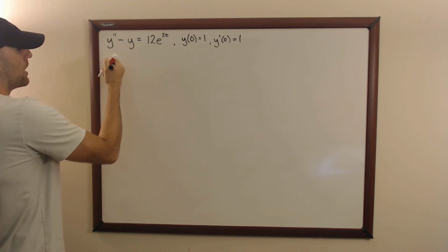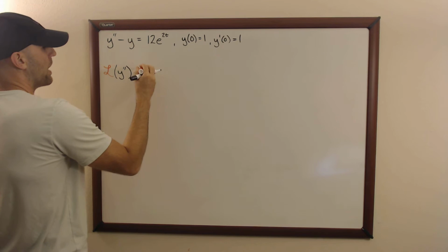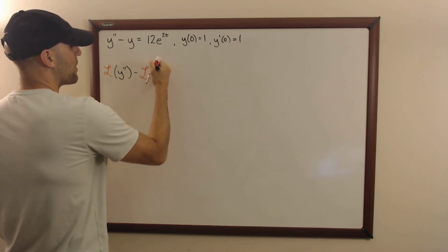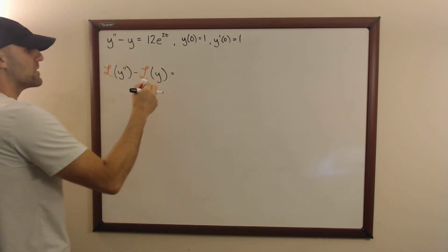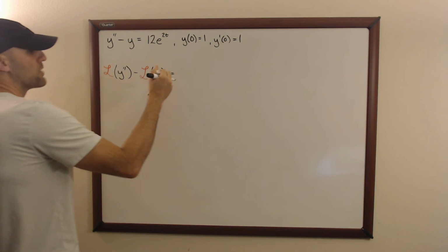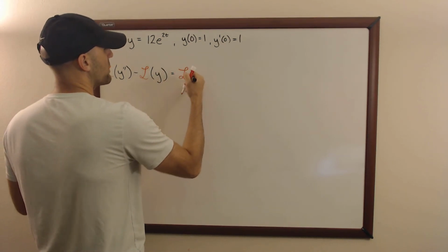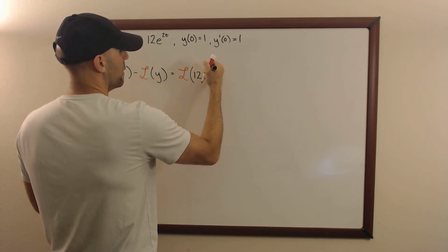So I've got the Laplace transform of y double prime minus the Laplace transform of y. Remember that the Laplace transform is a linear transformation, right? So it's scalar invariant, it's additive. The linearity here allows me to do this distribution, okay? Is equal to the Laplace transform, don't forget to do this side, of 12e to the 2t.